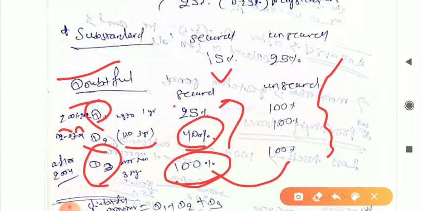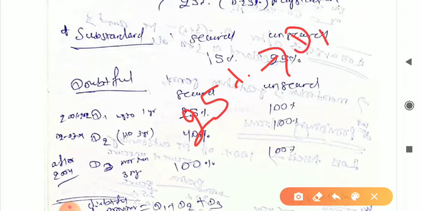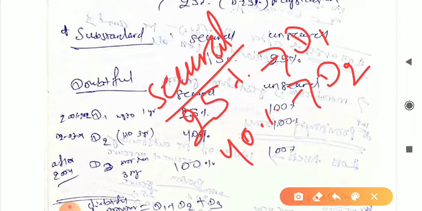Just remember 25% in case of D1, 40% in case of D2, right? Let me show you here: 25% for D1 secured, 40% in case of D2, and 100% in case of D3, right?